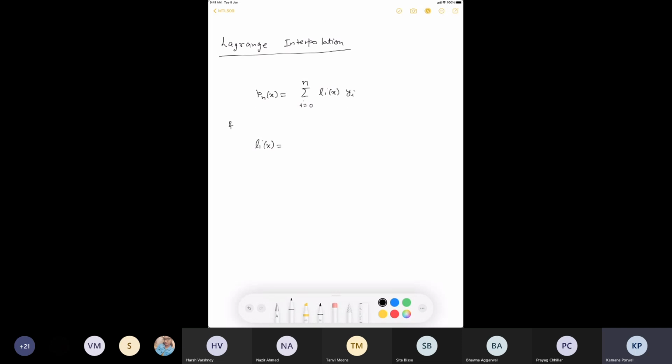For each i, Li(x) is the product of all (x minus xj) over (xi minus xj), where j varies from 0 to n and j not equal to i.